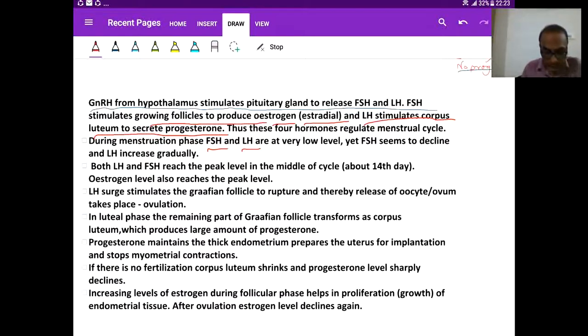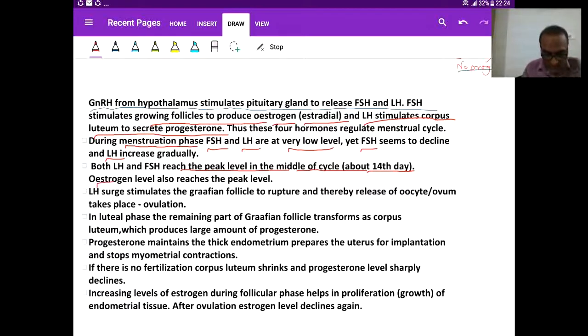Now during the menstrual phase or menstruation phase, FSH and LH are at low level, as we have seen. Yet what we see is FSH is declining and LH is increasing within low limits, of course. Then both LH and FSH will reach the peak level in the mid-cycle day, that is on the 14th day or just before the 14th day.